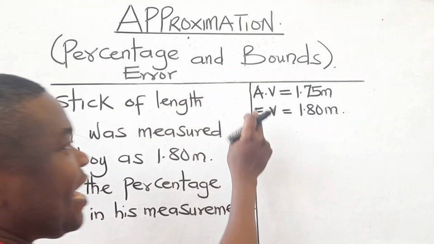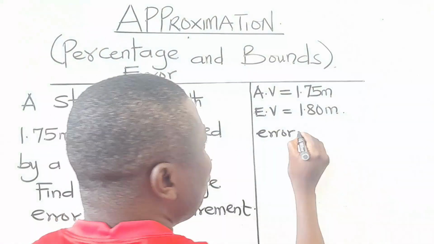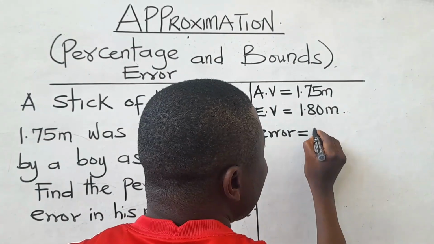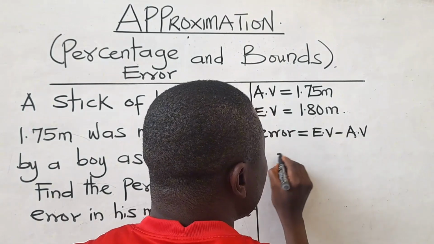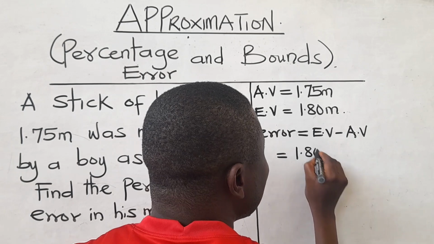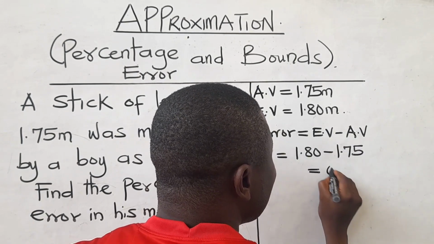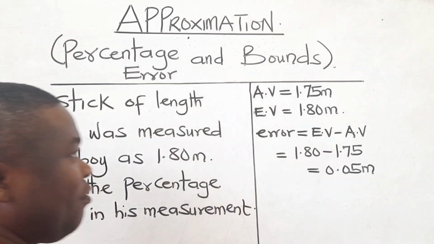So to get the error, the error value is greater, so it's error value minus actual value, which gives us 1.80 minus 1.75, which is 0.05 meters. That's the error.